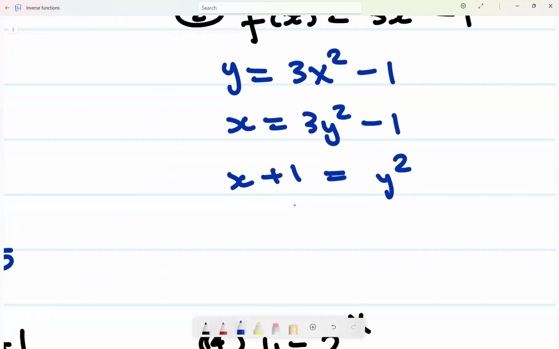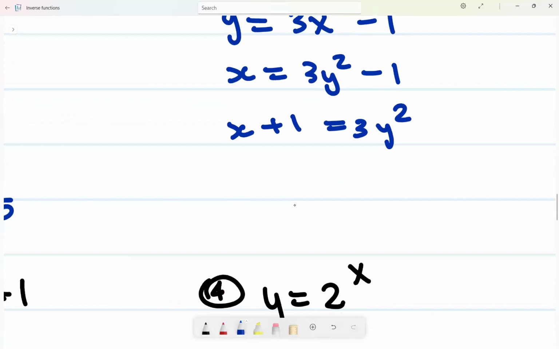I have x plus 1. I took this 1 to the other side. Then here I still have y squared. Then I need to divide by 3. Let me just say y squared is equal to x plus 1 divided by 3.